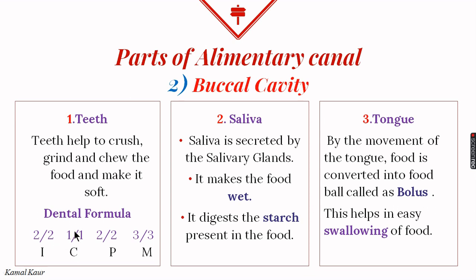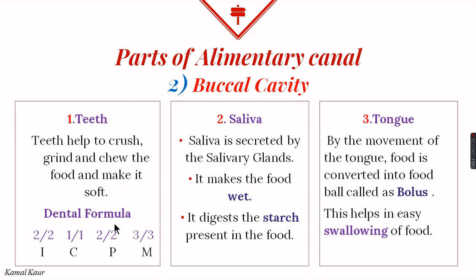Similarly, canines are 1 pair each in the upper and lower jaws. Premolars 2 pairs each, and molars are 3 pairs in the upper jaw and 3 pairs in the lower jaw. So to remember this dental formula, we can remember 2, 1, 2, 3. So 2, 1, 2, 3 is the dental formula.